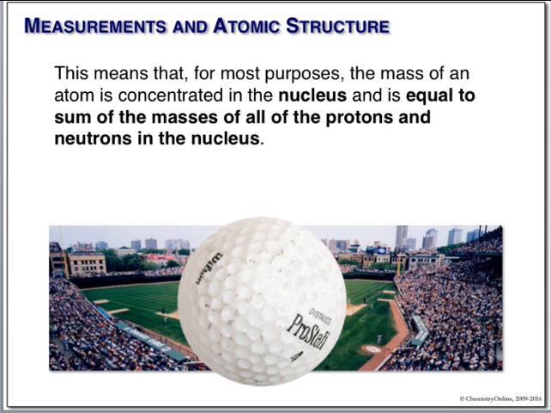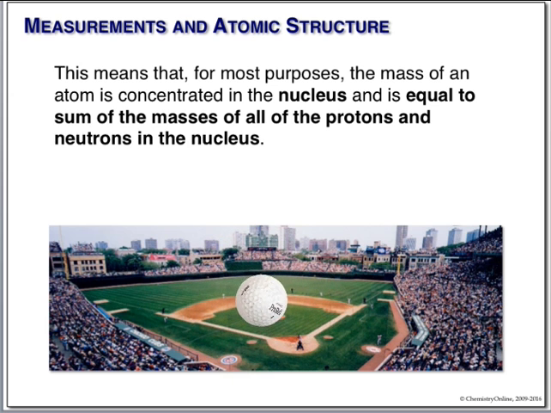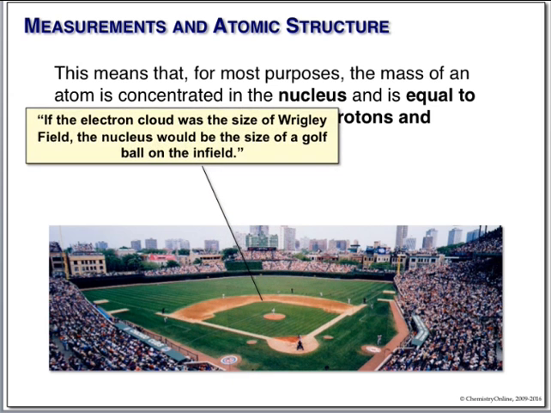Well, if this was the size of a nucleus, and you put it here on the infield, basically the electron cloud surrounding it would be all the rest of Wrigley Field. So atoms are essentially totally empty space. They have this little nucleus in the middle that weighs, and then you have this electron cloud, very, very diffuse electron cloud.